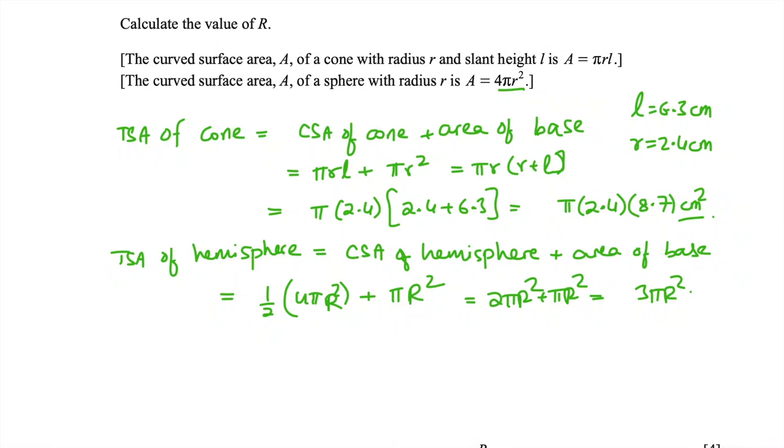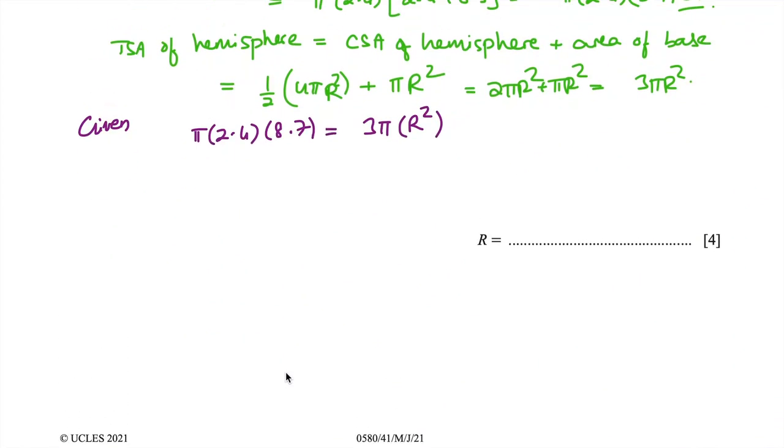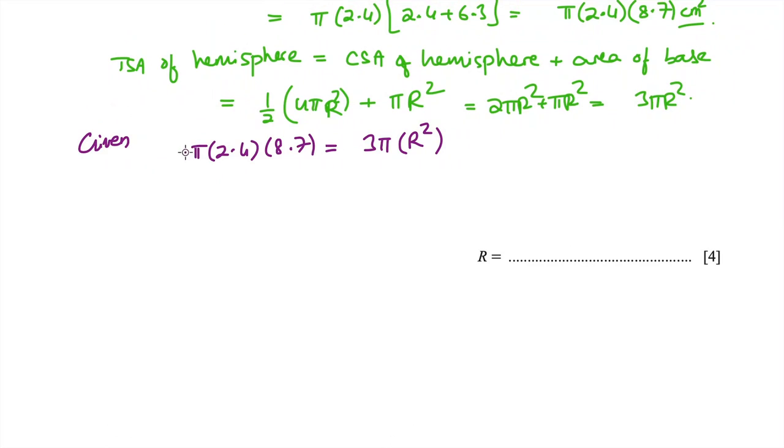So now from the question, it is given that the TSA of the cone is equal to the TSA of the hemisphere. So pi into 2.4 into 8.7 is equal to 3 pi into r square. So let us start solving this. Now pi and pi will get cancelled. Sorry, it's not 3 pi, it is 3 r square.